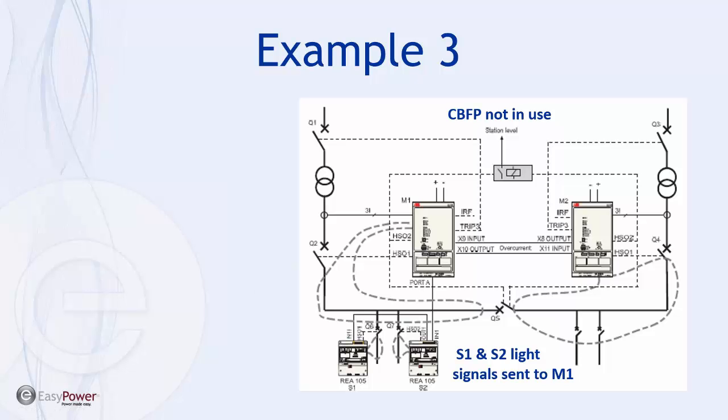Now let's take a look at example 3, and mainly what I want to show here is an application where you're using the Optolink. This is for a main tie main scheme, and we will not have breaker failure in use. And what we'll do is say that somebody's working in the switchgear that if any of these breakers fail, Q6, Q7, Q2, then we're going to have fast parallel tripping to keep the incident energy as low as possible.